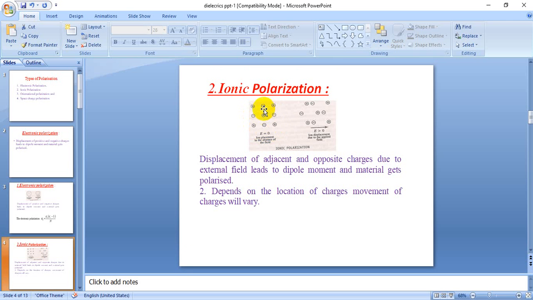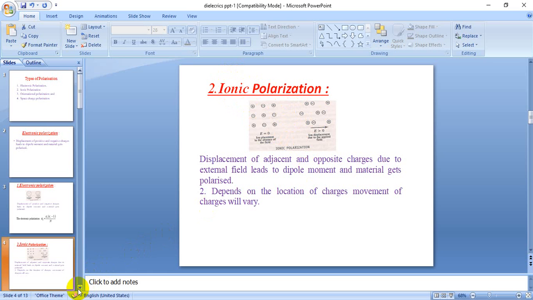The displacement of adjacent opposite charges, plus and minus together, also leads to a dipole moment, and because of that the material gets polarized. Because of the adjacent and opposite charges, it is called ionic polarization. This wholly depends on the location of the charges as well as the movement of the charges. So that's all about ionic polarization.